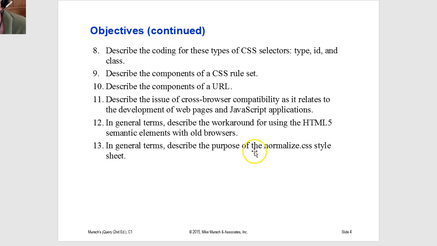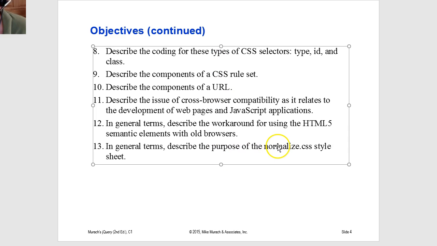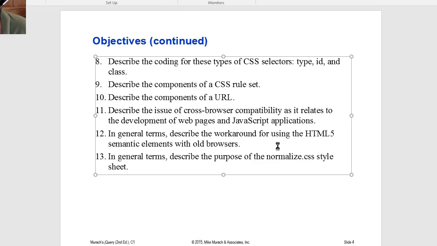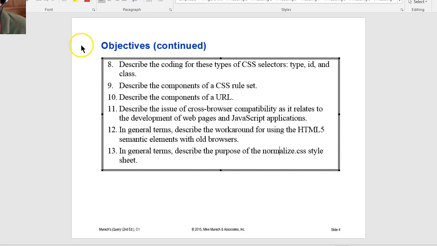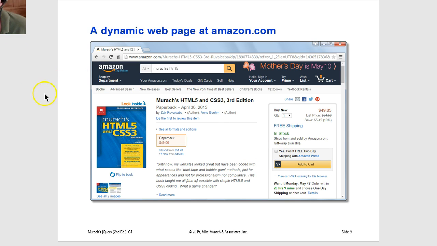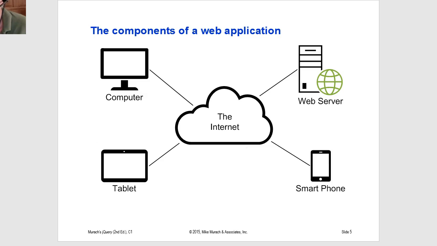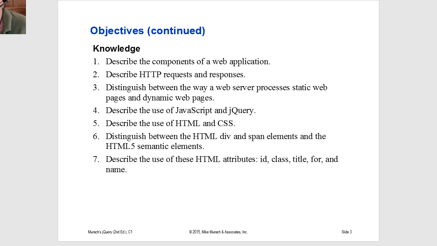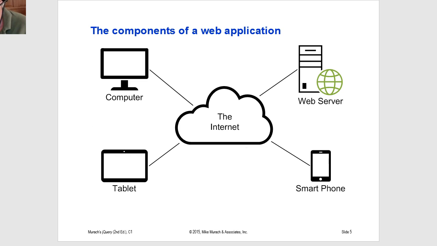And this normalized CSS piece right here, normalized CSS is a good thing to add to your web code. It level sets your web page, and that's a good thing.